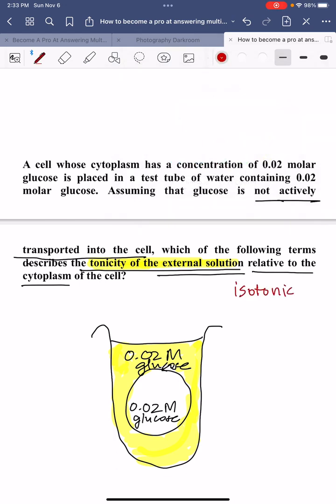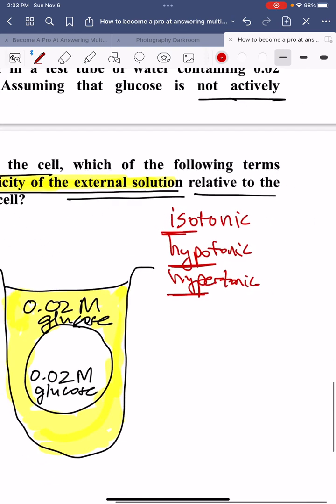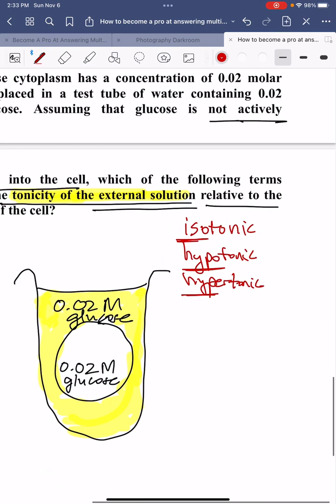A solution can be isotonic, a solution can be hypotonic, or a solution can be hypertonic. And we look at those prefixes in the word to help us understand what those mean. Iso refers to same, hypo refers to lower, and hyper refers to high. And the tonicity here is in the combining form of that term, right?